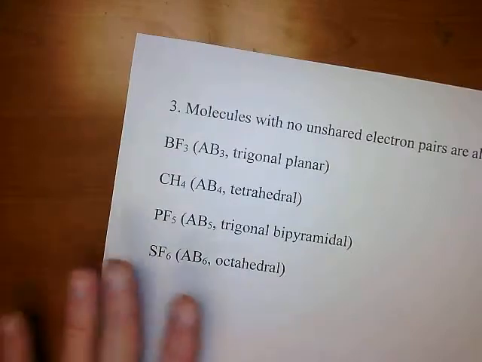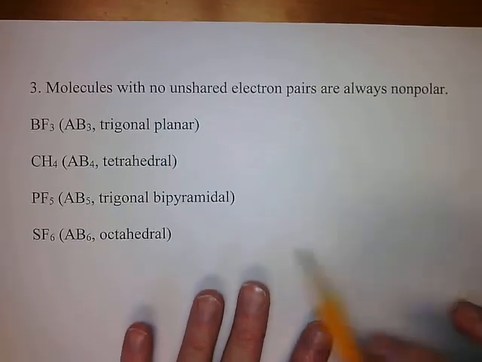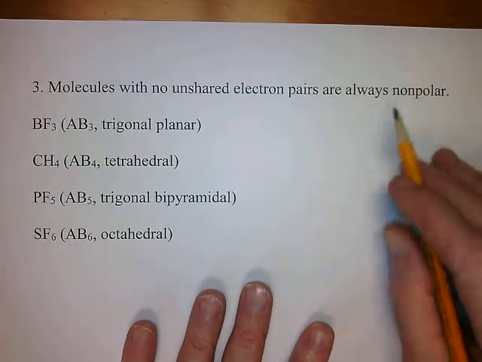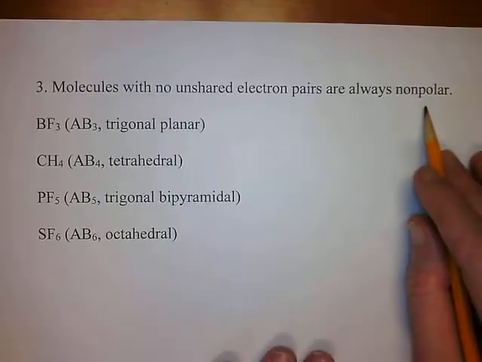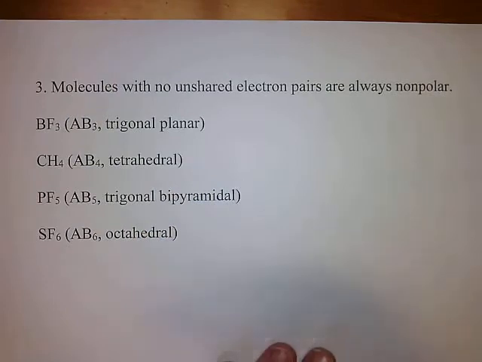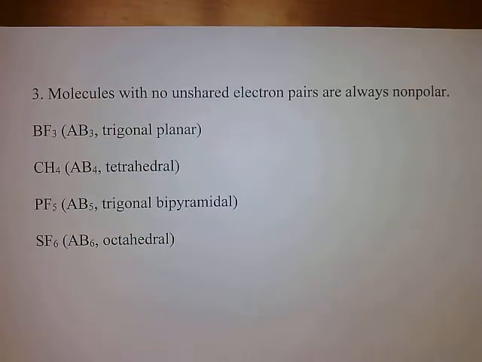Now this builds on the shapes of molecules that we talked about in the previous video. Molecules with no unshared electron pairs are always going to be nonpolar. So for example, BF3, CH4, PF5, SF6, none of these have any lone electron pairs on the central atom.